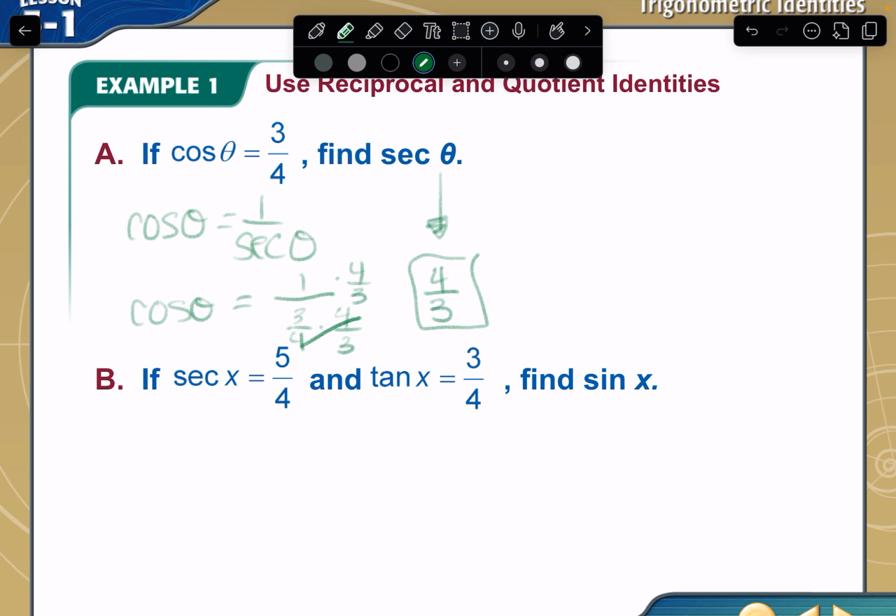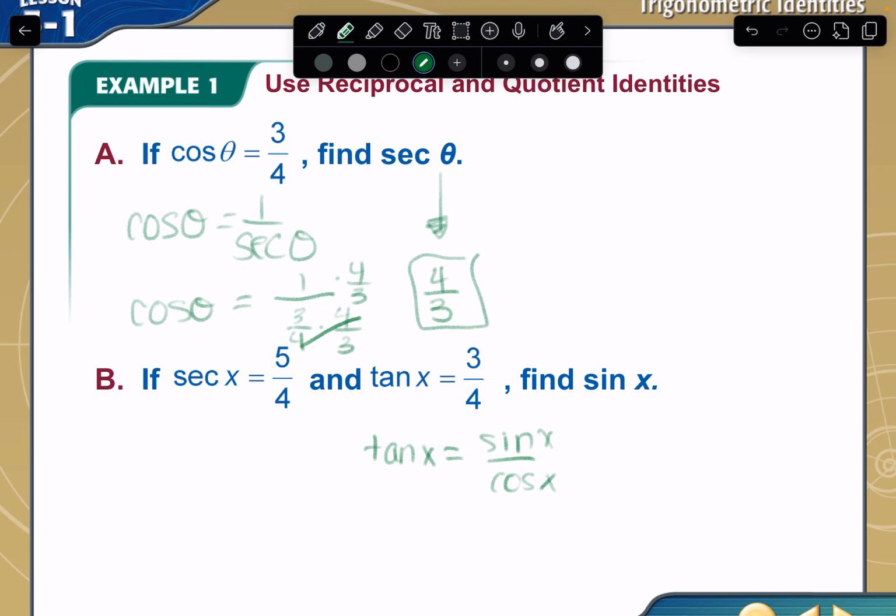However, with my quotient identities, I know that tangent is sine over cosine. So where that is going to help me is plugging this in with your missing pieces. However, there is a reason you are given secant. So earlier I said that secant is the reciprocal of cosine.